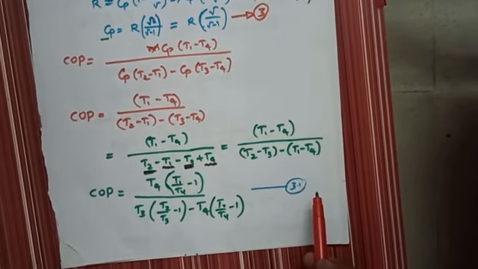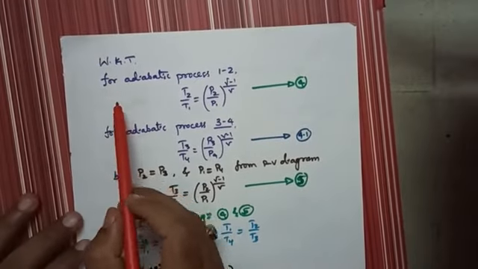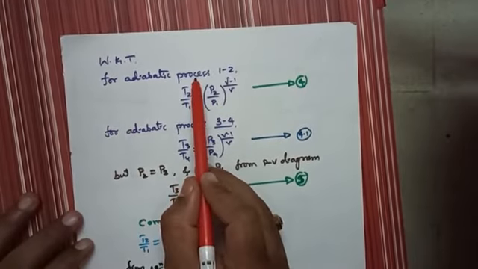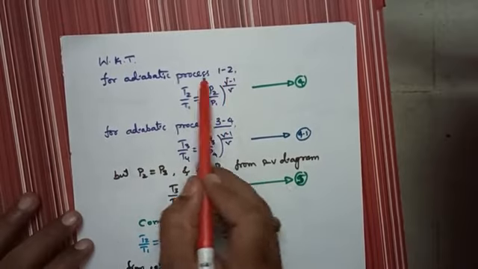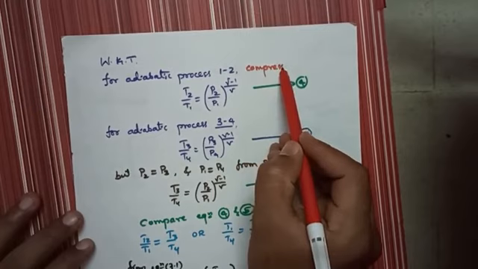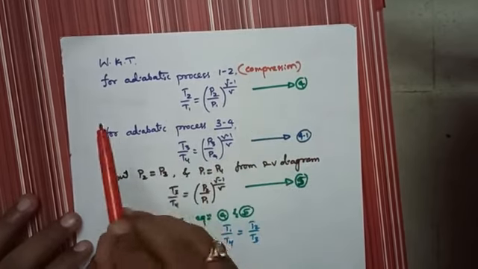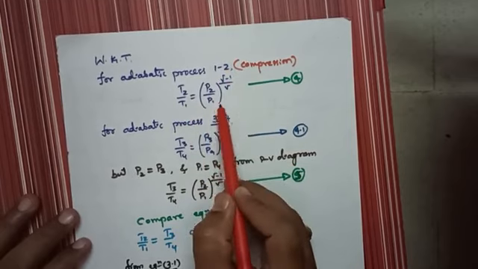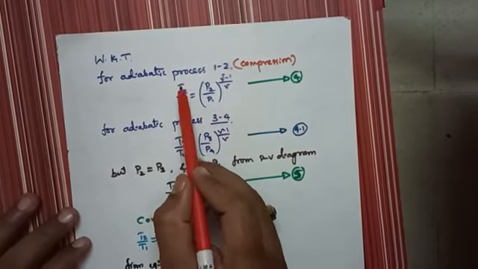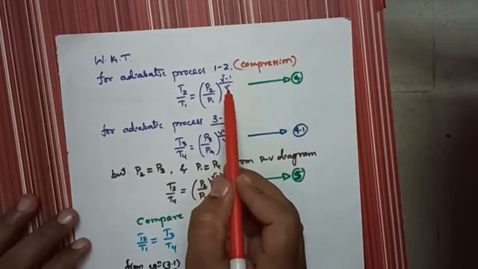So next step, we know the basic equation for the adiabatic process 1 to 2. Here 1 to 2 is the compression process, that is, a reversible adiabatic compression process. We know this basic fundamental equation: T2 by T1 is equal to (P2 by P1) to the power of (gamma minus 1) by gamma.